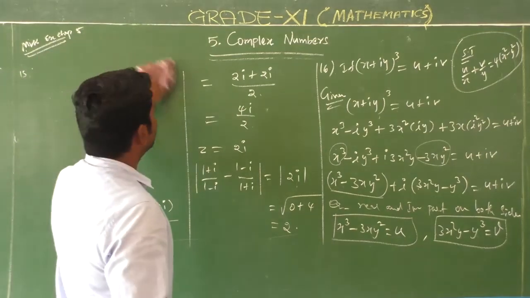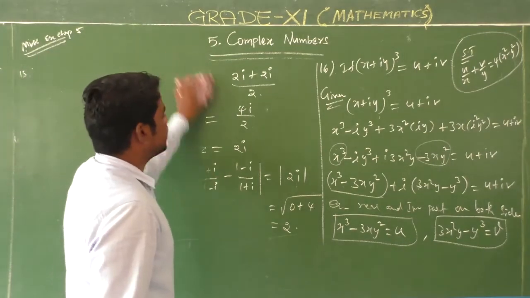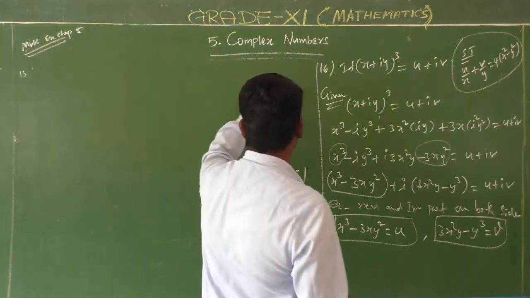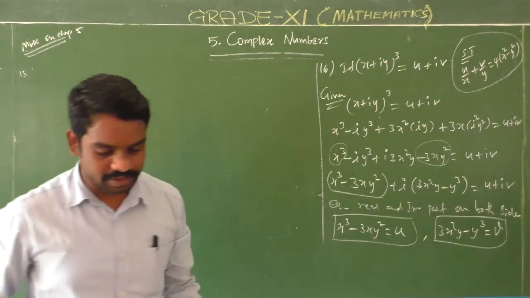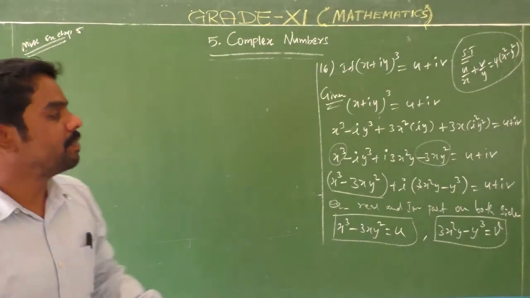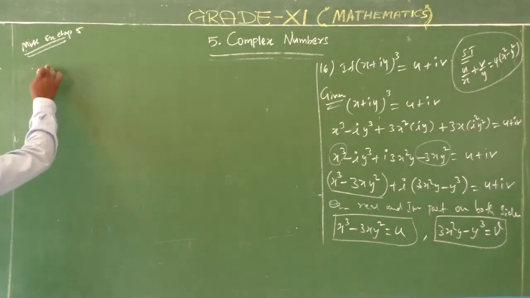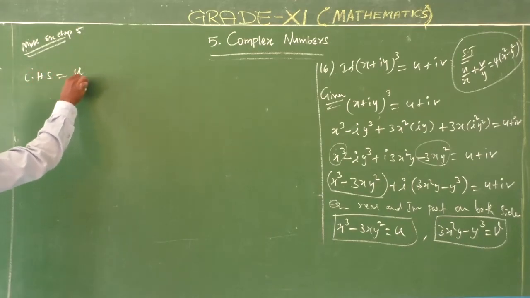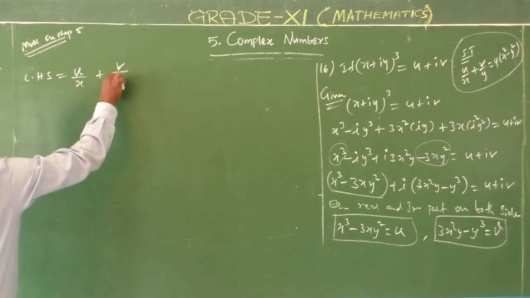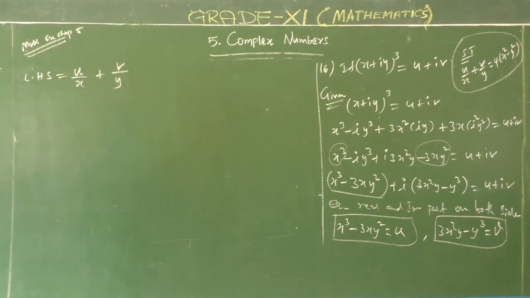We are going to prove that u by x plus v by y is equal to 4 into x squared minus y squared. Let us take LHS, which is u by x plus v by y.